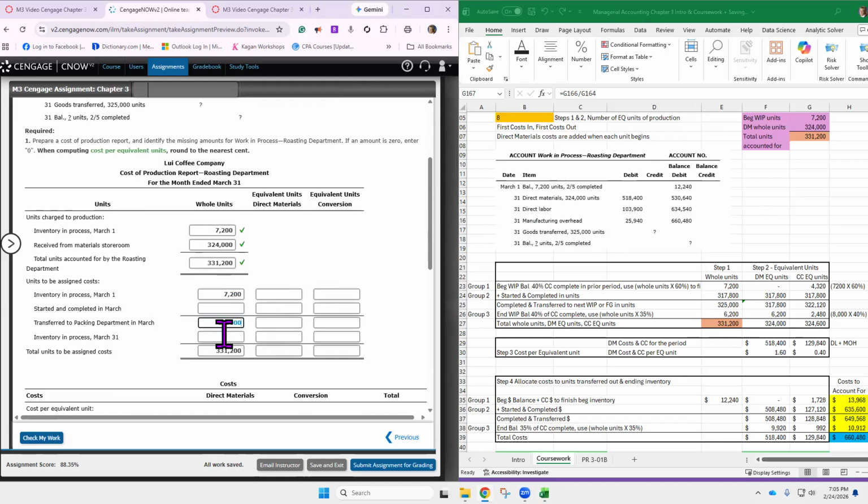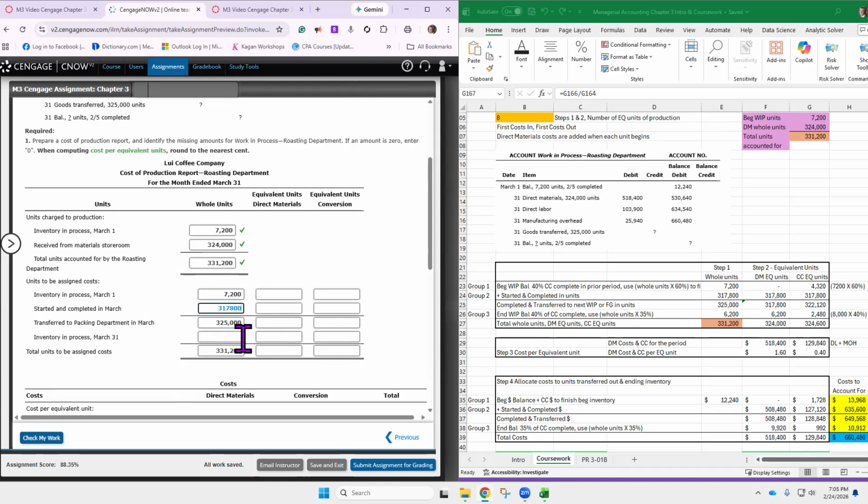Okay, and yes, 325,000. So we're going to be able to find both of these. What's the number that makes 7,200 equal 325,000? It is over here in my spreadsheet, 317,800.